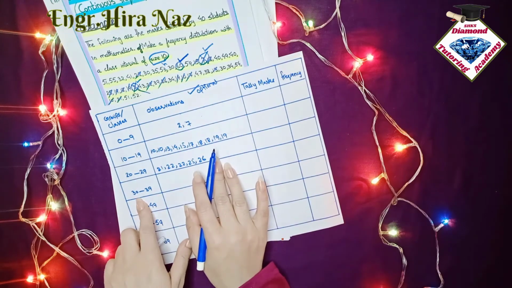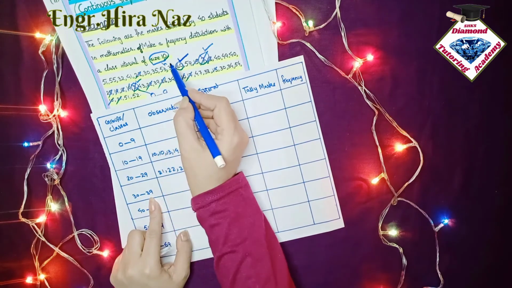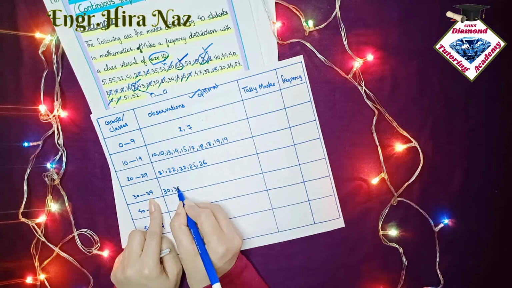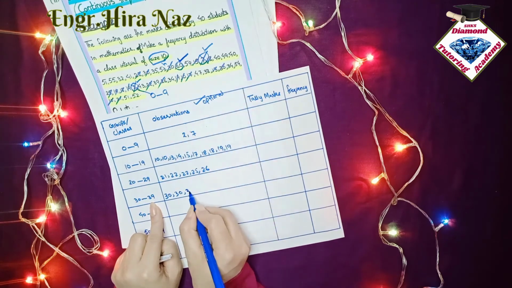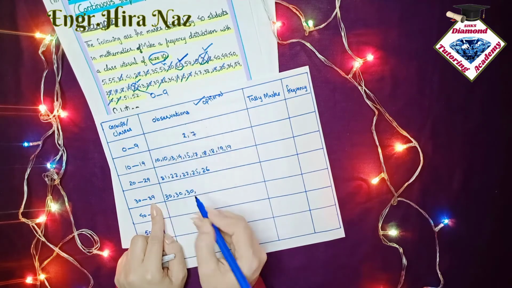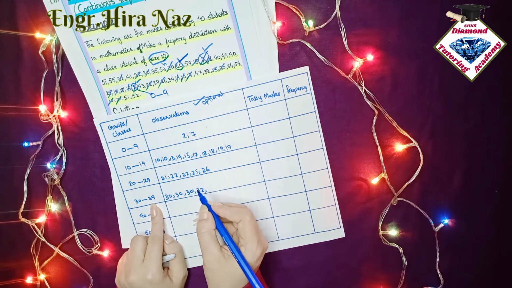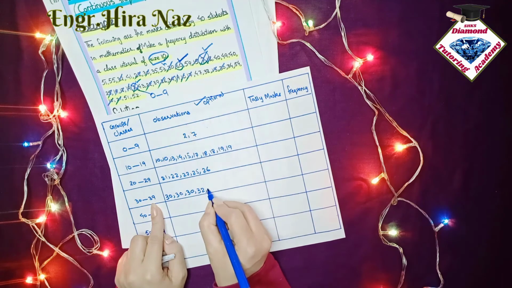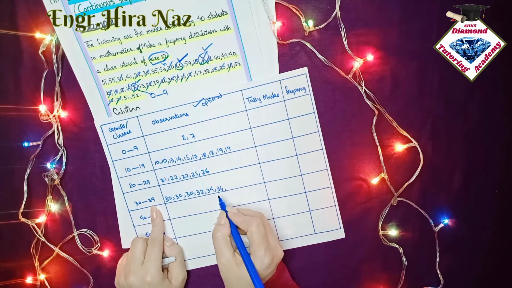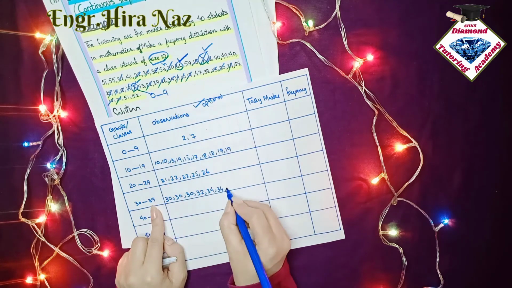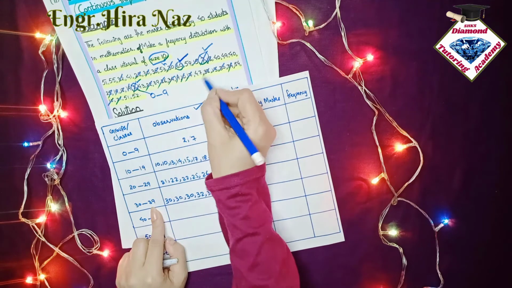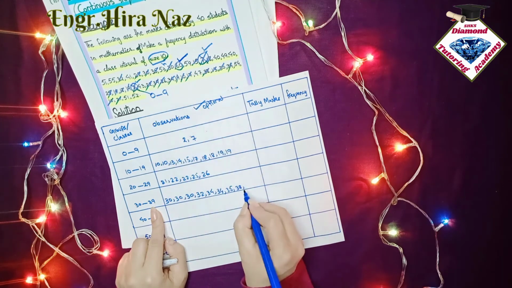Now the values from 30 to 39 are 30, again 30, again 30, 32, 34, again 34, 35, 38 and 39.